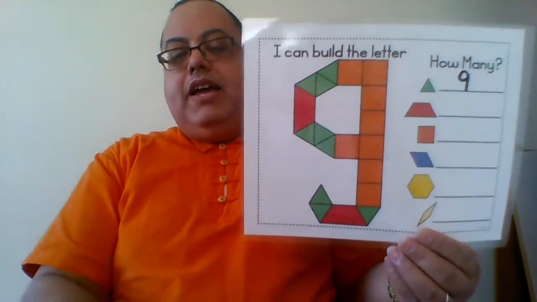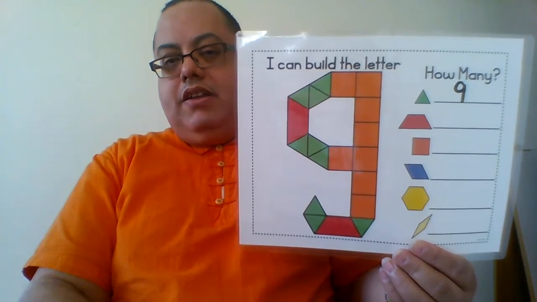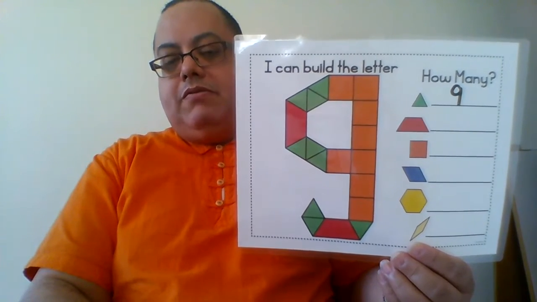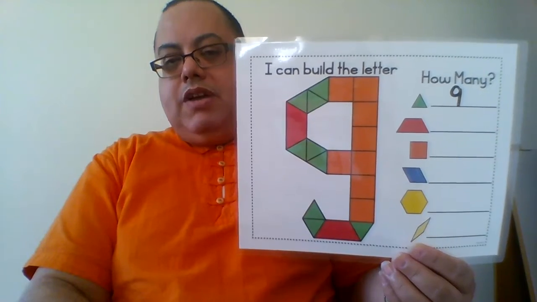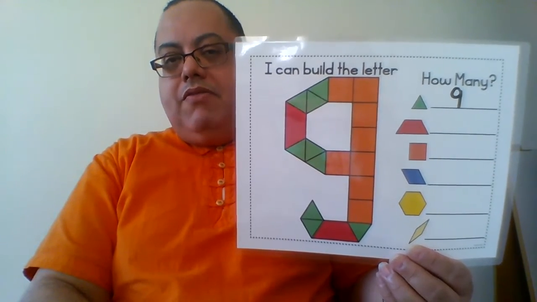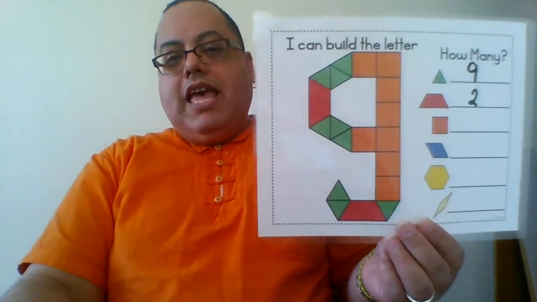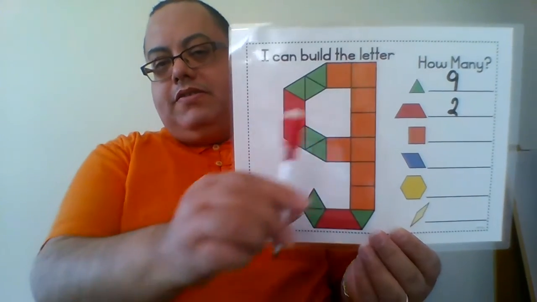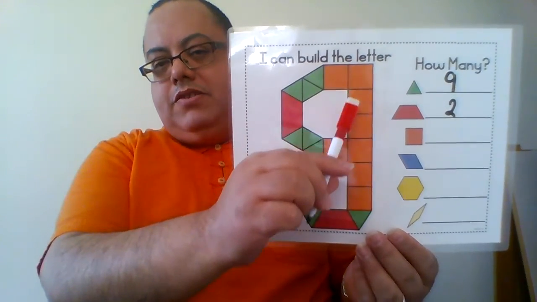Now I'm going to go back and look at the hexagon. I mean, not the hexagon, the trapezoid. And the trapezoid, how many do you see in red? Exactly, 2. Now let's look at the squares. How many squares do you see here?